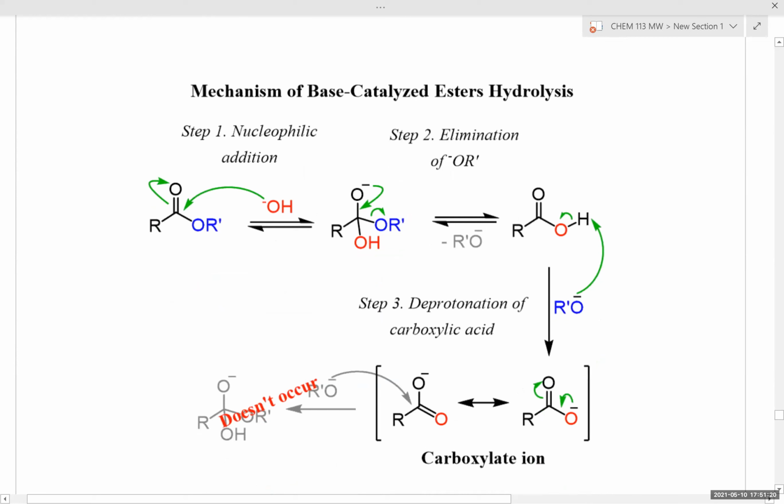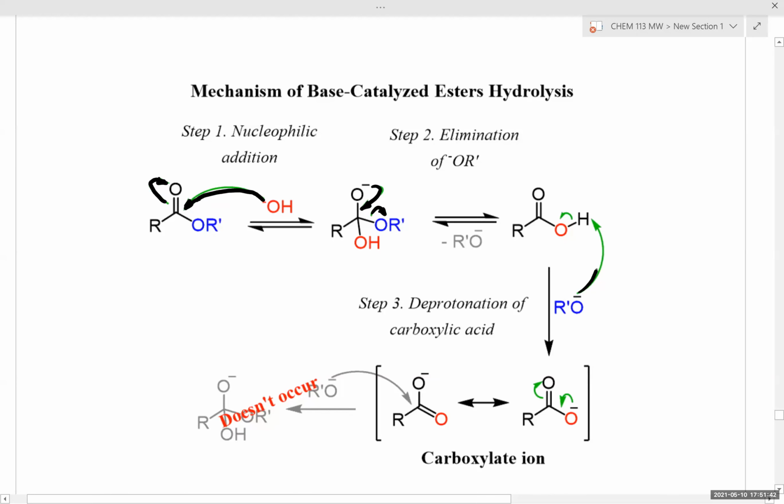Just as a review for the base catalyzed ester hydrolysis conditions, it's a typical carbonyl substitution reaction. Hydroxide attacks our electrophilic carbonyl carbon. We collapse and regenerate our carbonyl, and we lose our alkoxide leaving group.